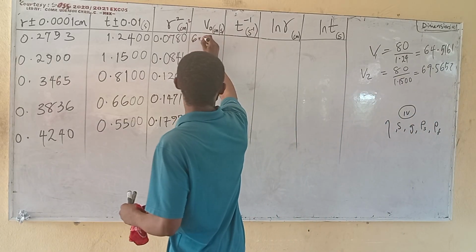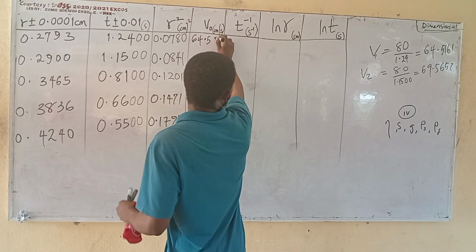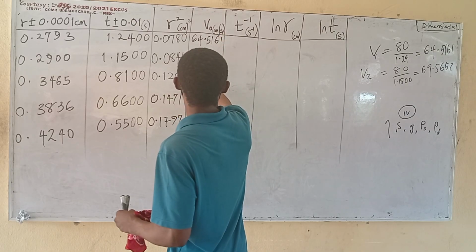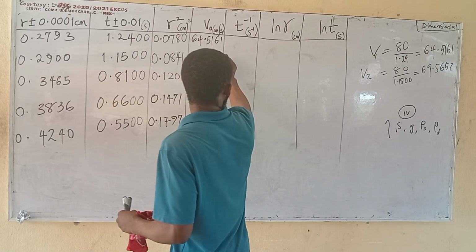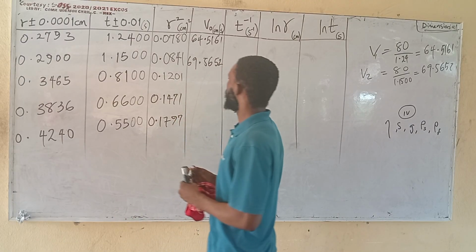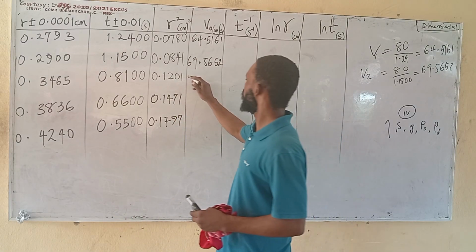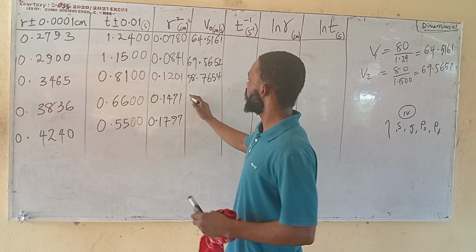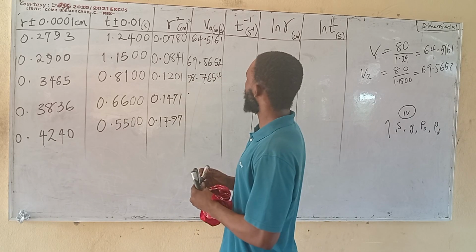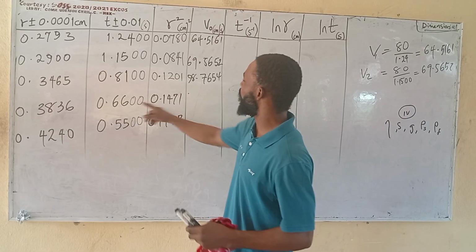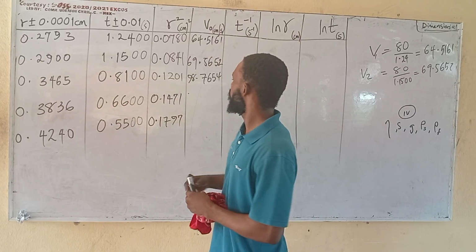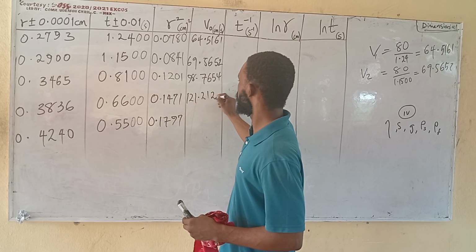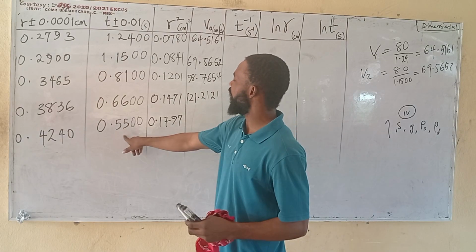So 64.5161, then 69.5652, then 98.7654. That is if you do 80 divided by this time. 121.2121. Okay, 80 divided by this time.